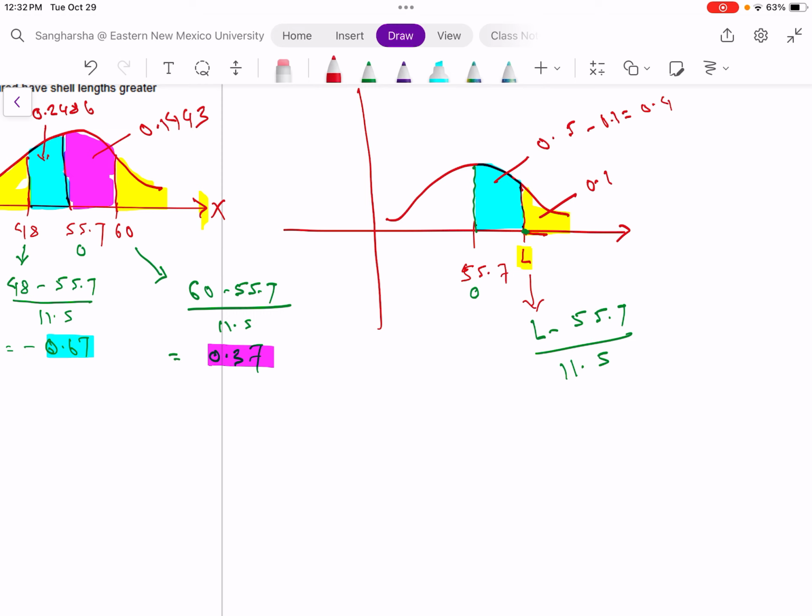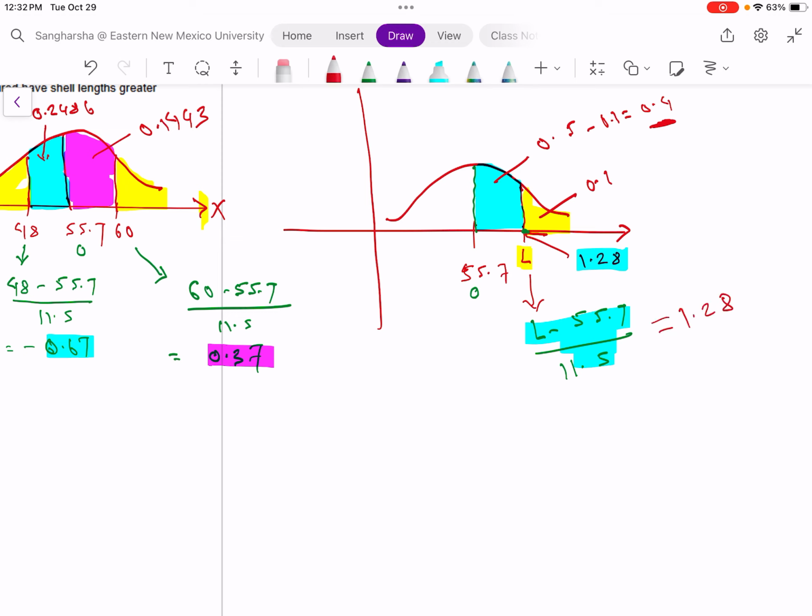Now you look at your G table and look for the probability very close to 0.4. That's the G value. Okay, so this is 1.28. So this 1.28 and this are exactly the same, so they have to be equal to each other.